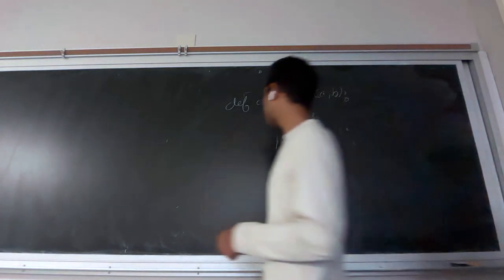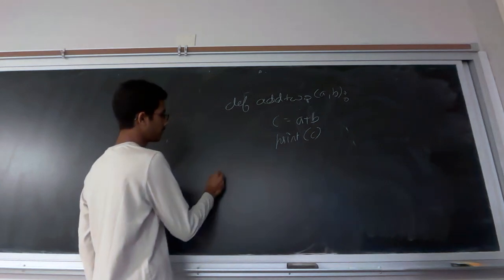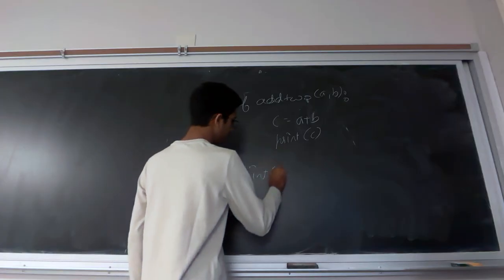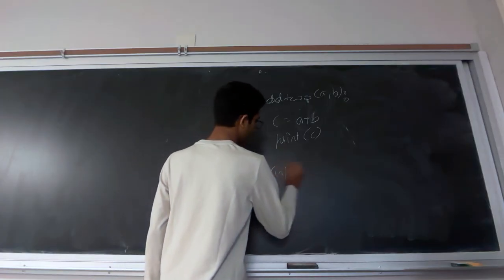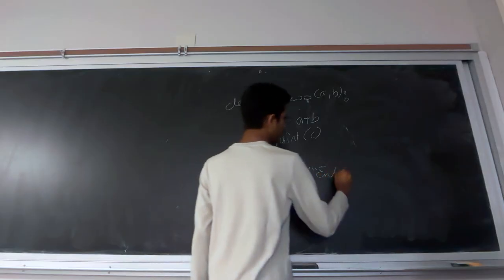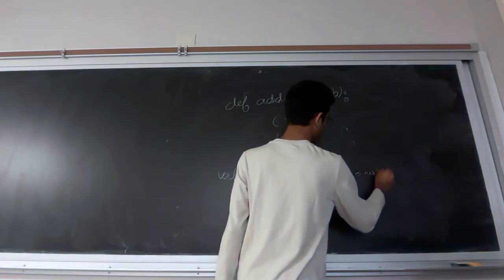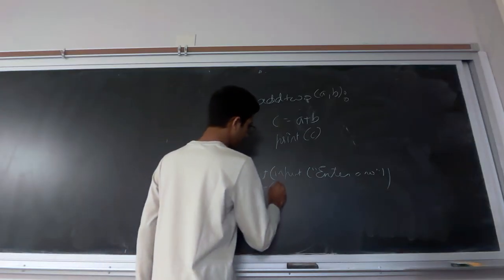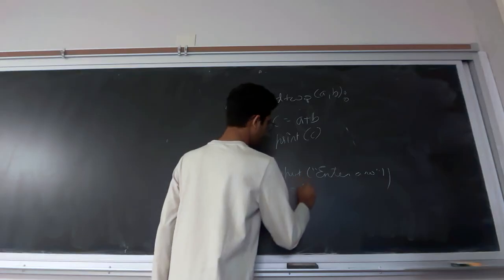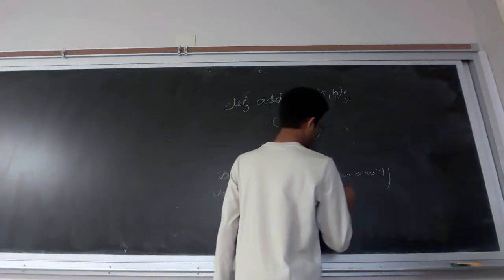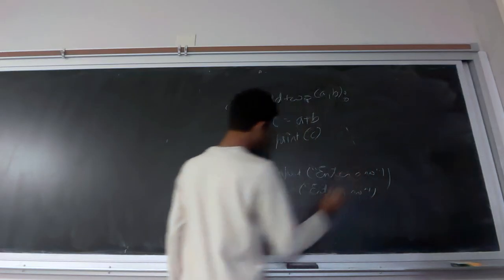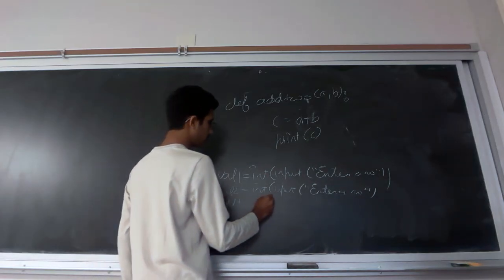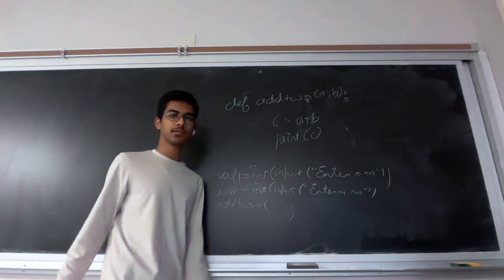print c. And then I'll go back to my main function and say val1 is equal to int input enter a number, and val2 is equal to int input enter a number, and then I call my function add2. But how do I send them these values?